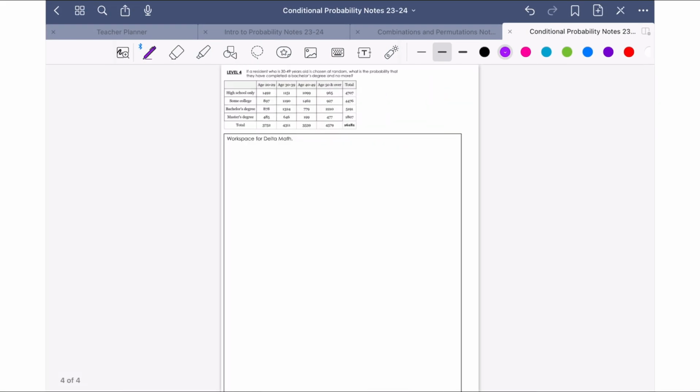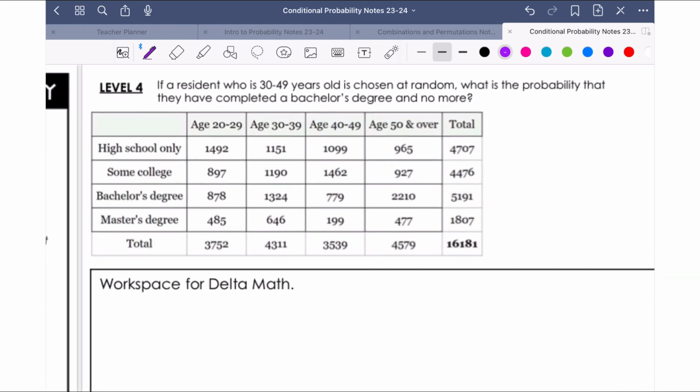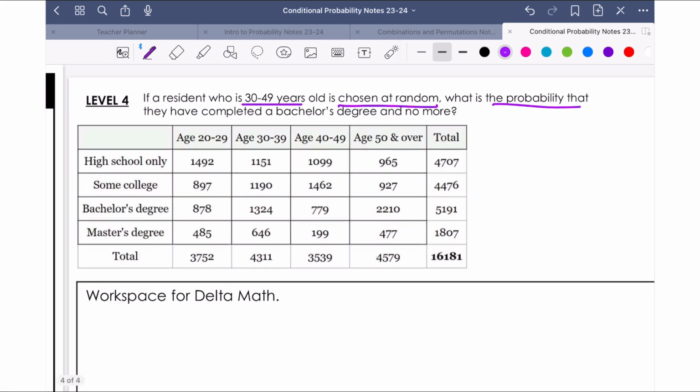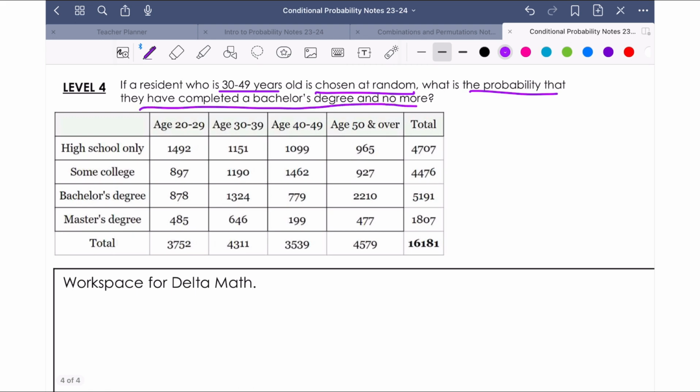All right, level 4. Turn to the back. Okay, if a resident who's 30 to 49 years old is chosen at random, what's the probability that they have completed a bachelor's degree and no more? Okay. All right, let's think about it. Which category are we looking at? We're looking at people who are 30 to 49 years old.